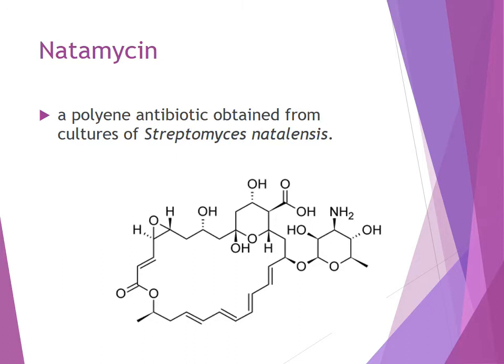Okay, next we have natamycin. So natamycin is still a polyene antibiotic obtained from the cultures of Streptomyces natalensis. The mechanism of action of this antibiotic for 26-membered ring, the MOA is that there is a leakage of potassium in our fungi, which will cause cell lysis.